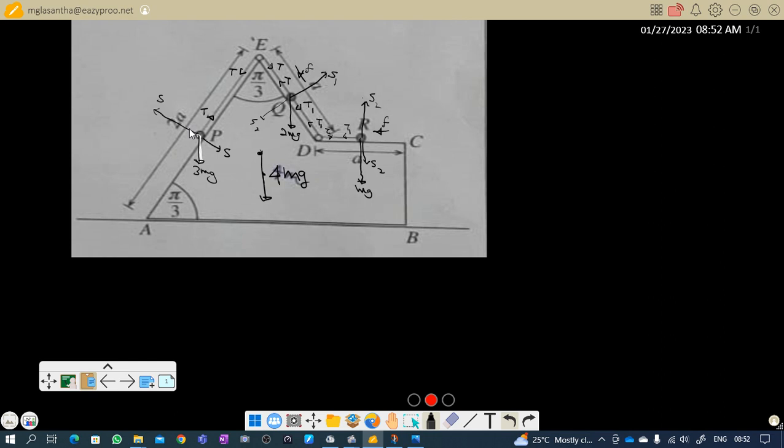But P also has the same acceleration f along the inclined plane. All three particles have the same acceleration relative to the block, right?